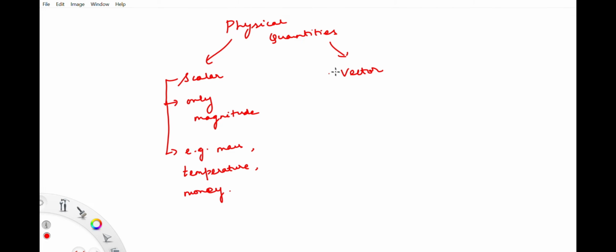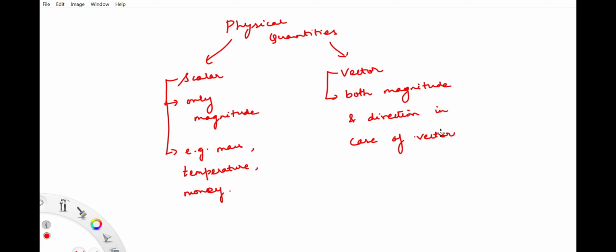Moving on, vector quantities are dependent on direction. So there is both magnitude and direction in the case of vector quantities, or vectors. Let me give you a very simple example.